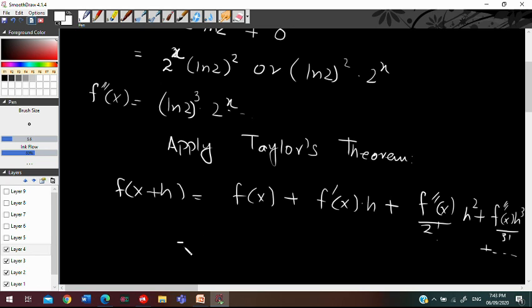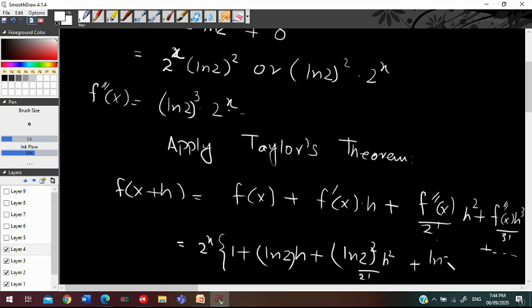And when you apply the values, you get 2 power x times 1 plus log of 2 h plus log of 2 square h square by 2 factorial plus log of 2 cube h cube by 3 factorial plus up to so on. So this is the proof of your question number 3.